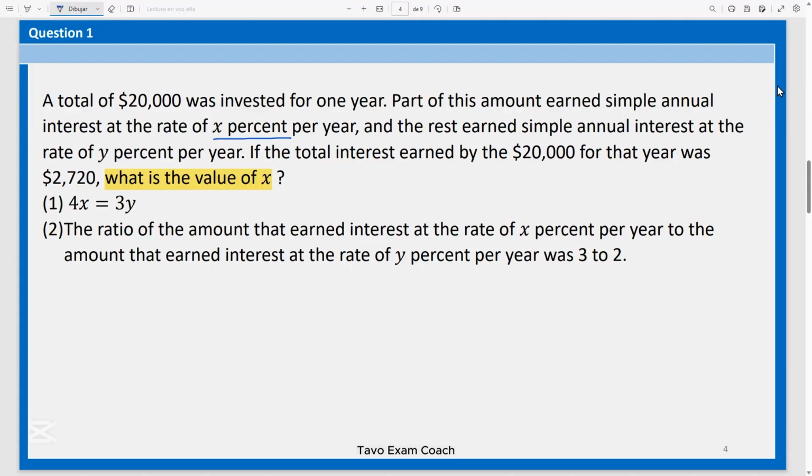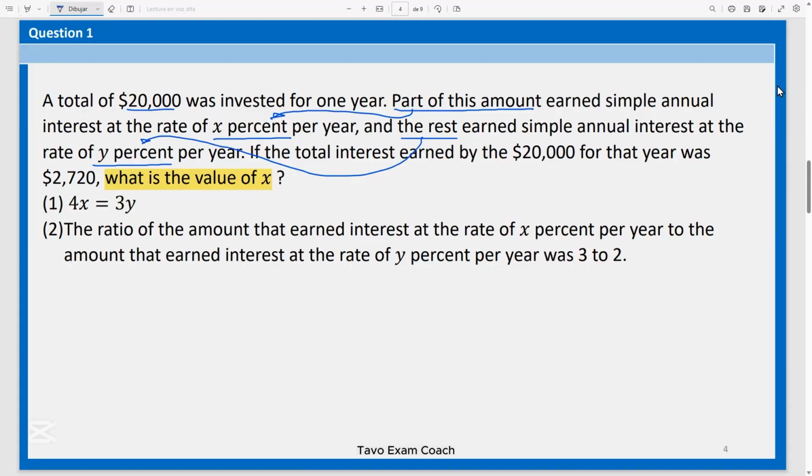So we know that the $20,000 were divided in two parts. They mention a first part of the amount that was related to this interest rate, and there is another part of the $20,000 called the rest, to which a different interest rate, Y%, was applied. So this rest has to do with this other rate.